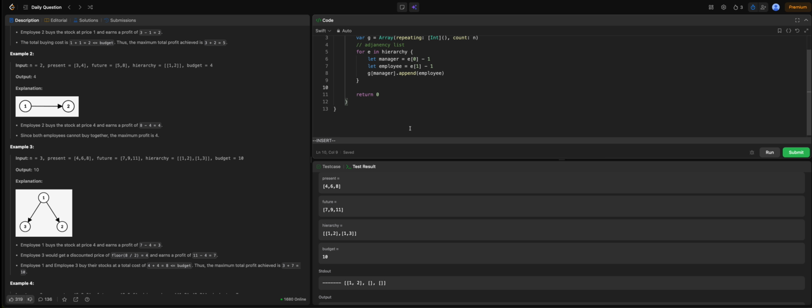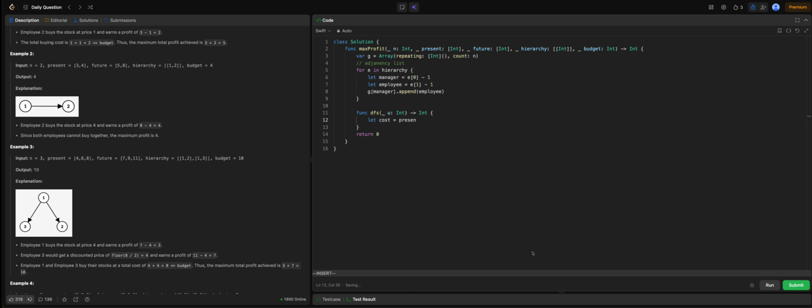Next step is just to create the depth search, since it is a dynamic programming approach, and then I may return the integer at first. So what I will think of is, okay, we need to assess the cost. Let's call it cost, we have present in here.